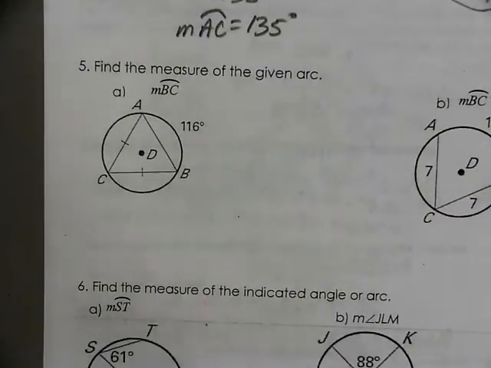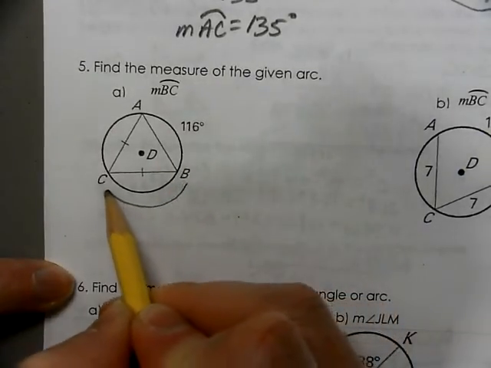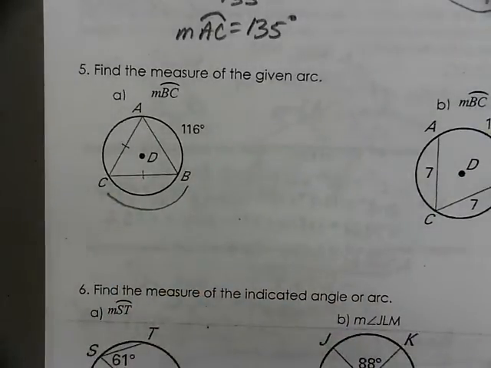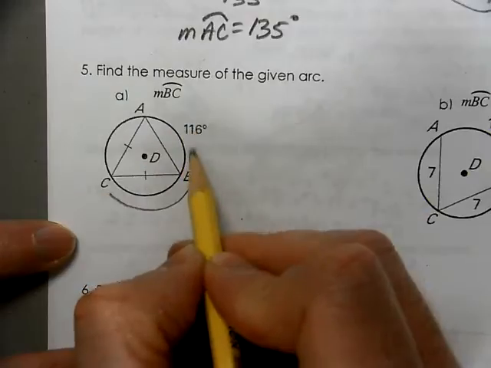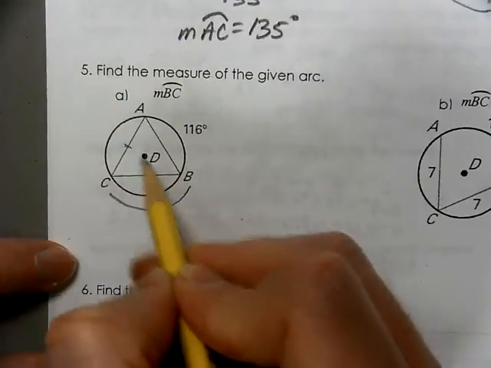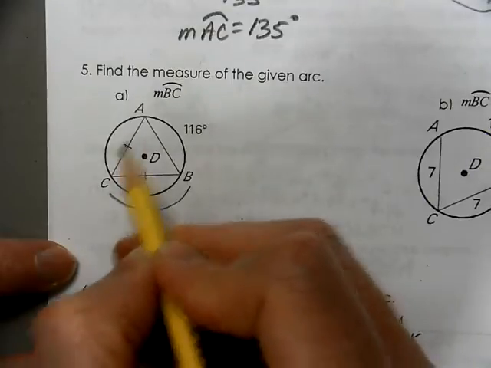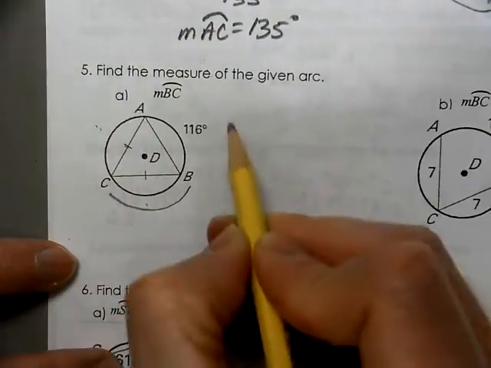Number 5, we're looking for the arc measurement of BC. Well, if this side is 116, we know that these two have the same chord length, so that makes these two arcs the same.